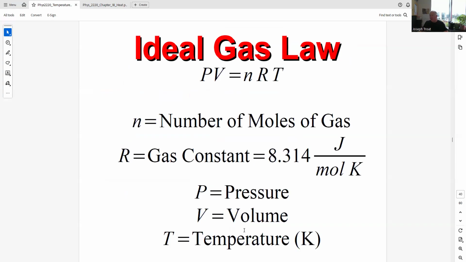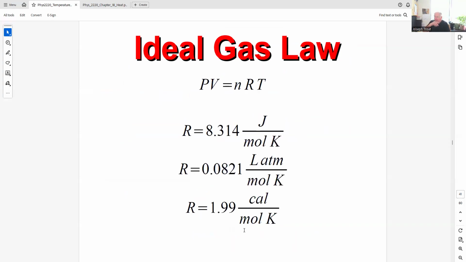So now we have PV equals nRT is the ideal gas law. N is the number of moles, R is the gas constant, 8.314 joules per mole K, P is the pressure in pascals, V is the volume in meters cubed, and T is the temperature in Kelvin. By the way, chemists and food scientists and atmospheric physicists like to use different values for R. Okay?